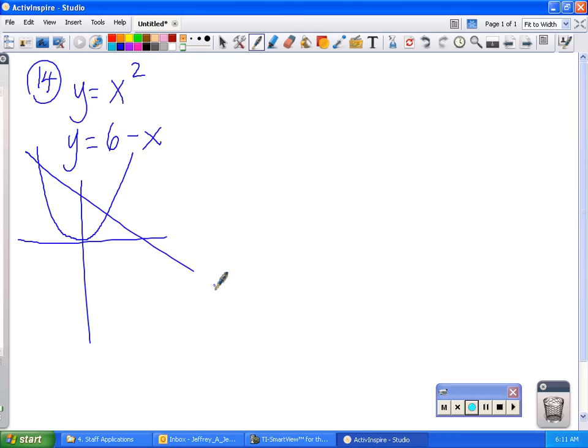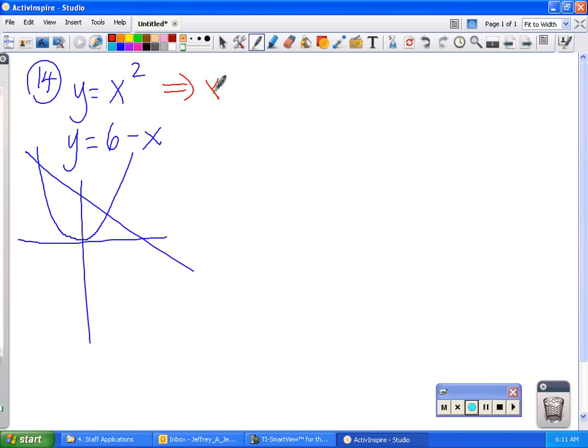Now, doing the problem in terms of x is pretty easy because in this case there's clearly a top curve, which is the line, and a bottom curve, which is the parabola. However, when we're doing the problem in terms of y, I want you to notice something. First of all, we're going to have to solve each of the equations for x.